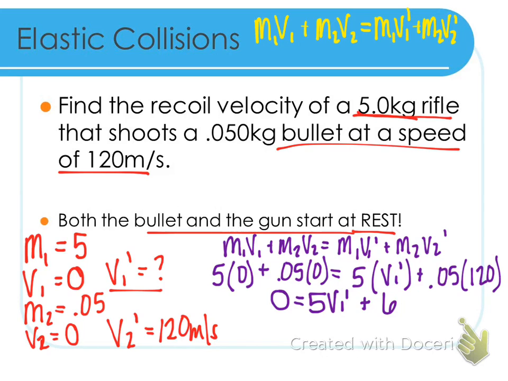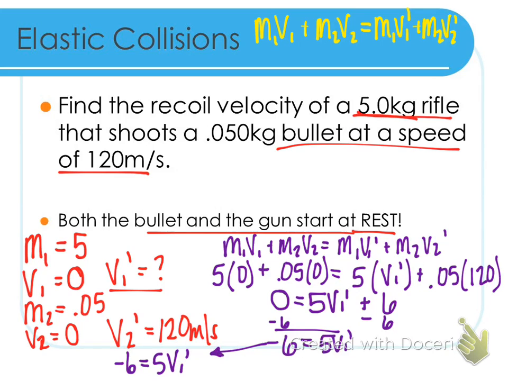Now to get this V1 prime by itself, I need to subtract the 6 to the other side, which gives me negative 6 equals 5 V sub 1 prime. I'll move it over. Negative 6 equals 5 V sub 1 prime.